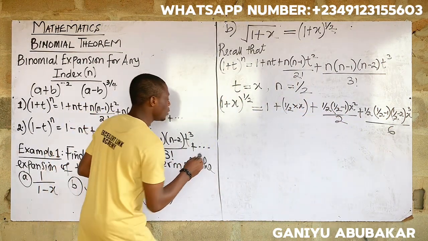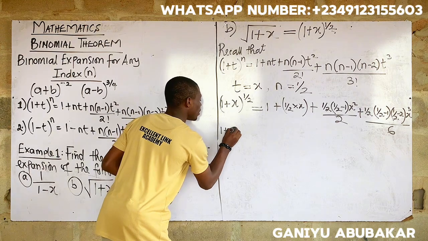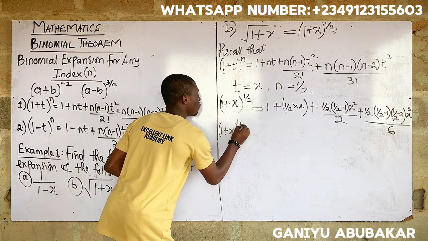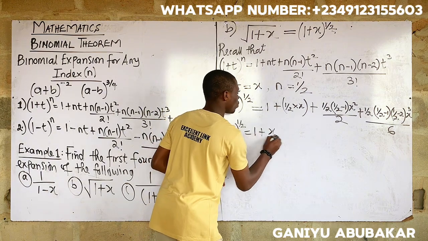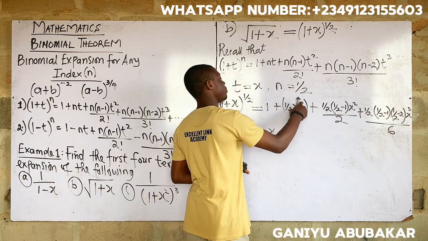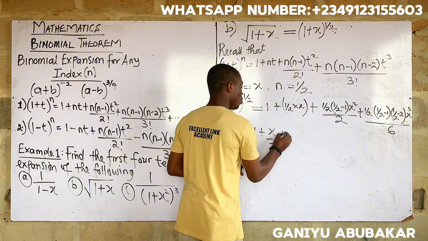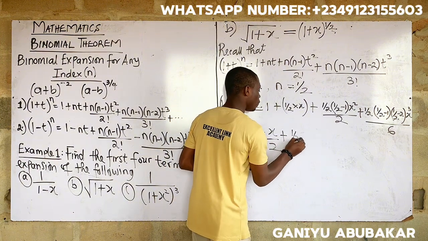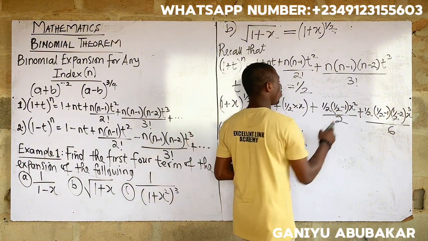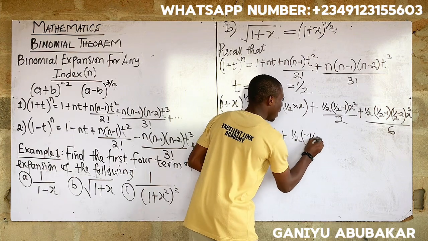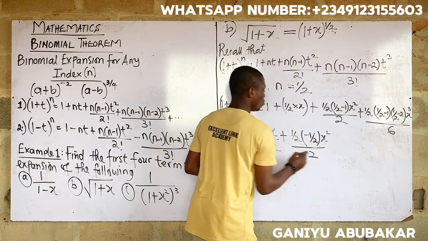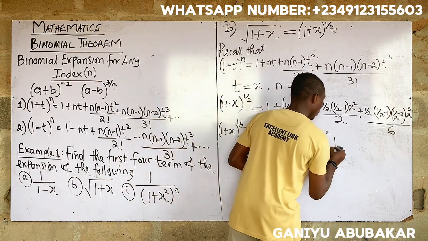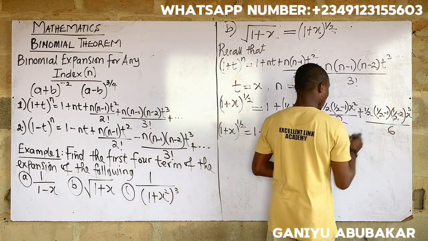From what I get, if I expand 1 plus x to power half, that will give 1 plus, this gives x over 2. 1 times x is x over this 2, plus half into half minus 1 is what? Minus half. Then what? x squared over 2 over there, plus I'll have half.